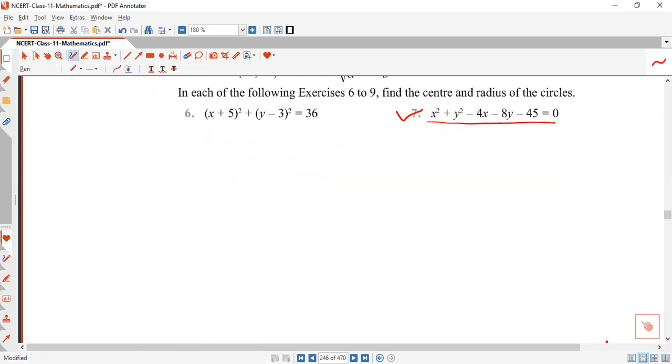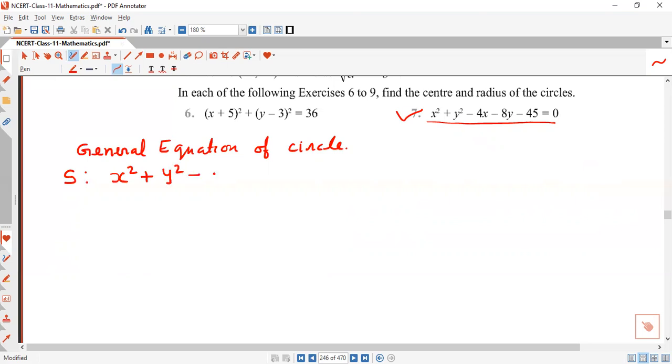So, what is the general equation of a circle? A circle is denoted by capital S. We denote the general equation of the circle S, and we write down here the equation x square plus y square plus 2gx plus 2fy plus c equal to 0.